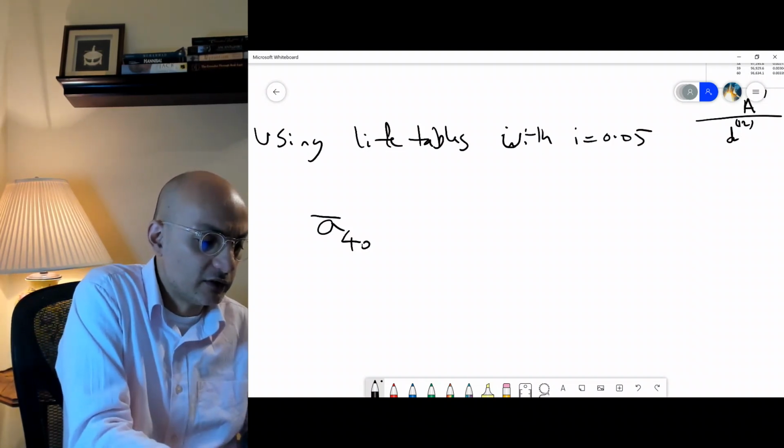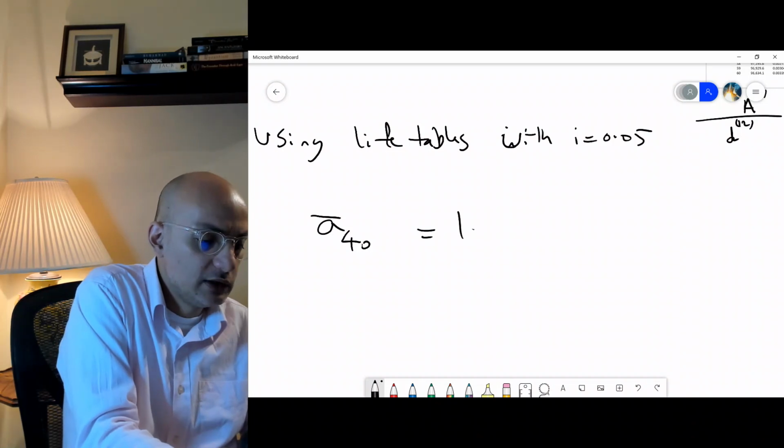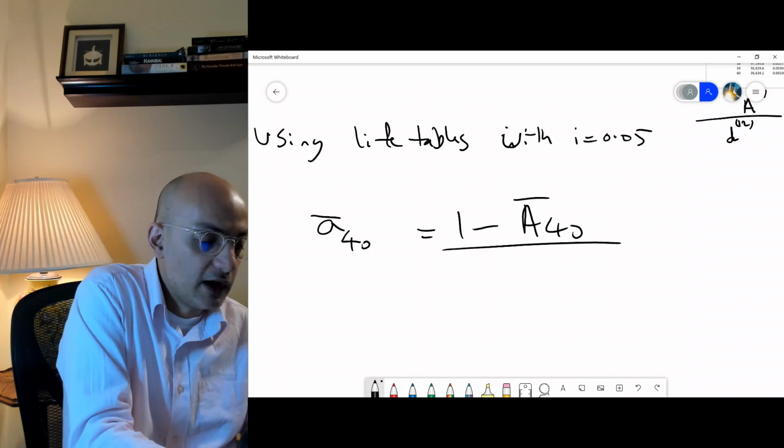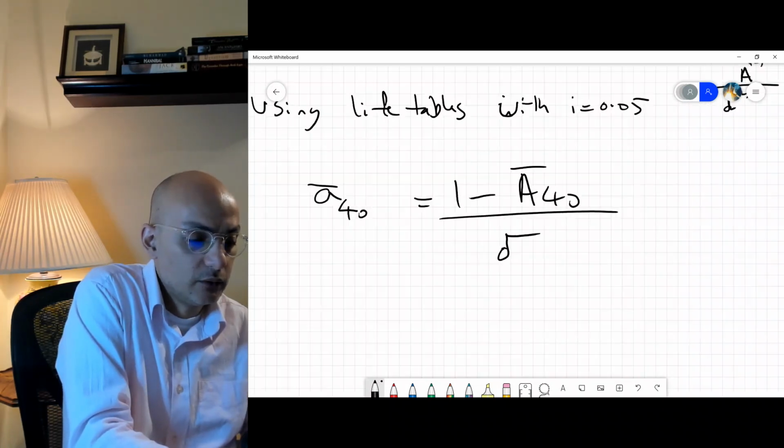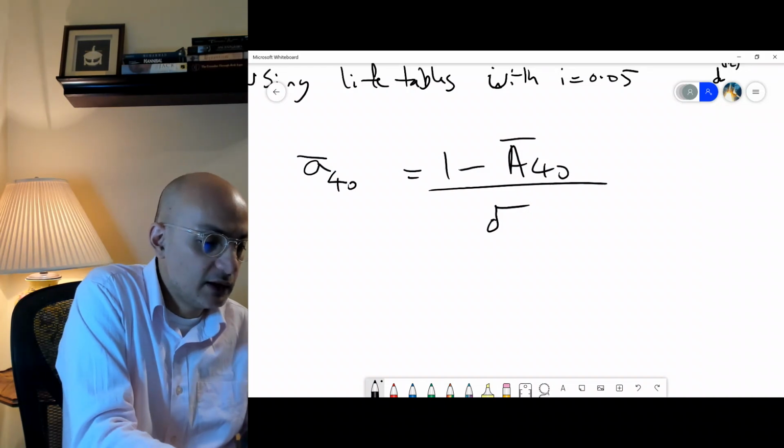There are several ways, right? One way, which we did before, is to say this one I40 divided by, instead of D, now we divide it by delta, right? We have all the pieces except A40. What's A40?